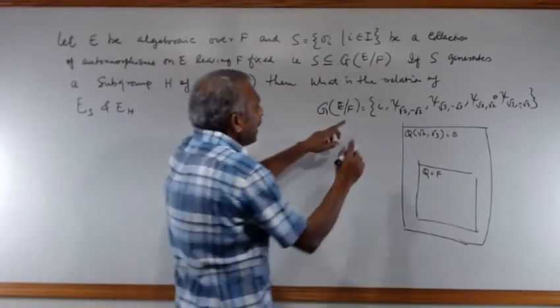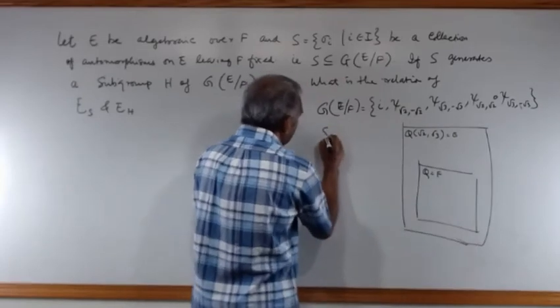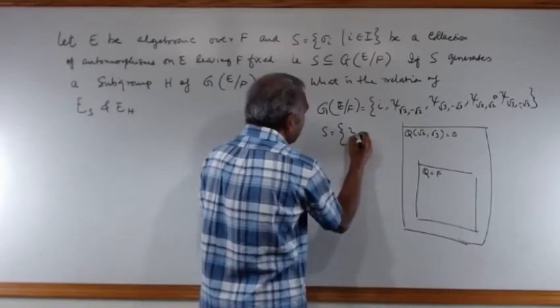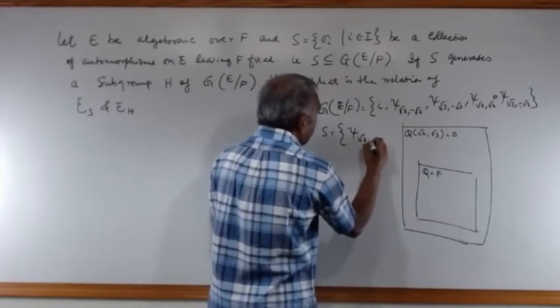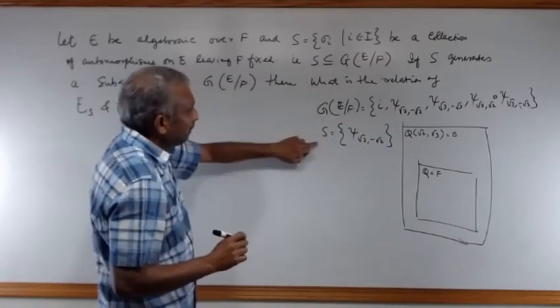But I'm taking a sub-collection of this. So my S is actually psi of root 2 comma minus root 2. That's what I'm saying here.